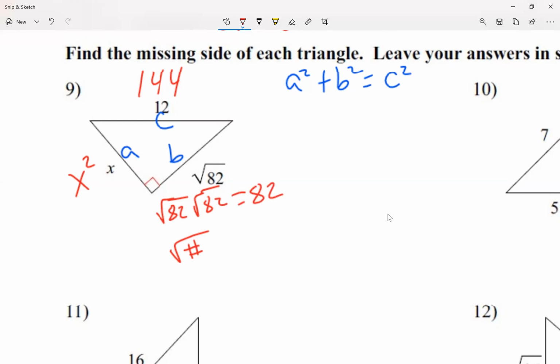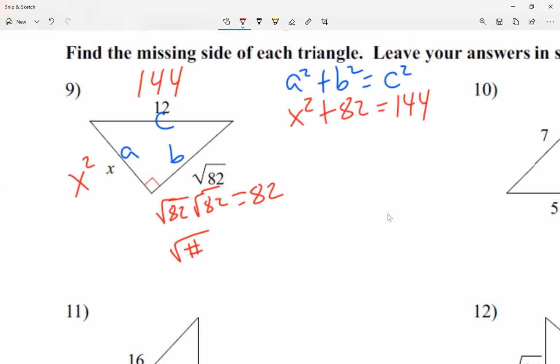Square roots and squares cancel each other out. So square root of 82 times square root of 82, it's 82. Okay, so I squared everything. So according to the formula, I'm going to write x squared plus 82 is equal to 144, right?